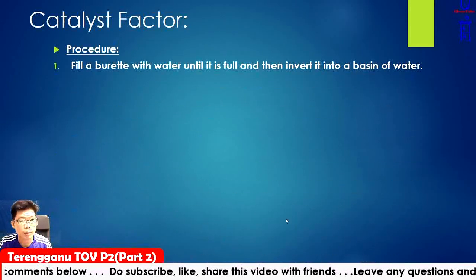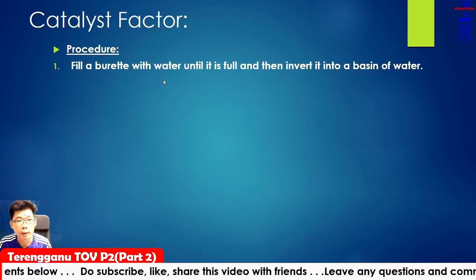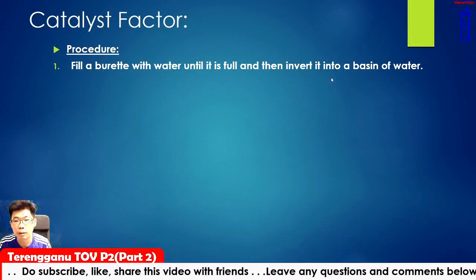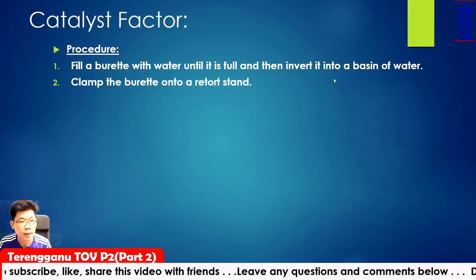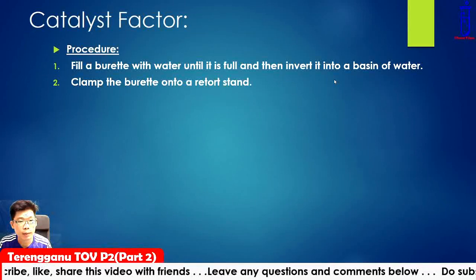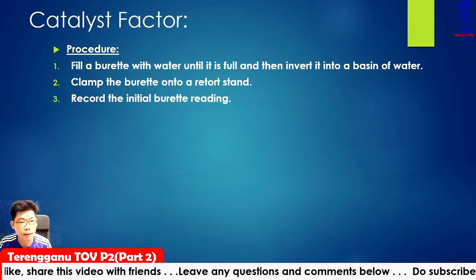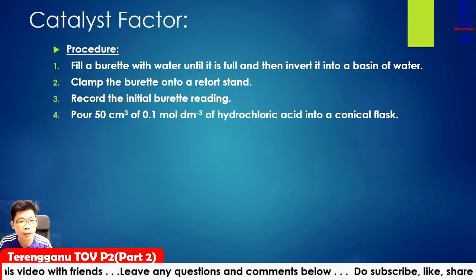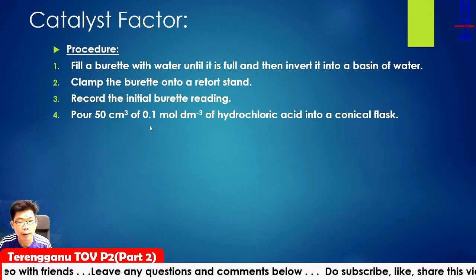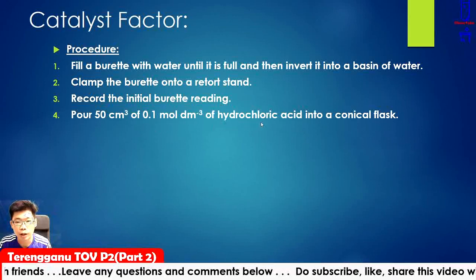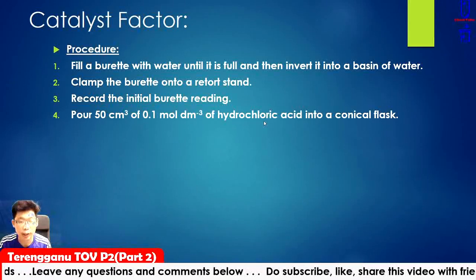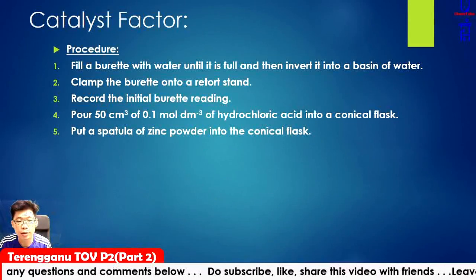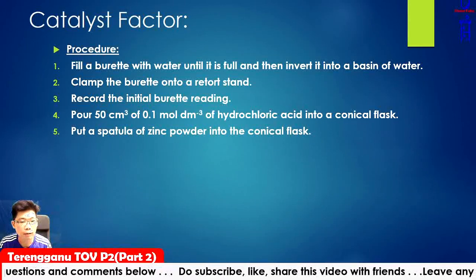First, fill a burette with water until it is full, and then invert it into a basin of water. Then clamp the burette onto a retort stand. Record the initial burette reading. Pour 50 cubic centimeter of 0.1 mole per cubic decimeter of hydrochloric acid into a conical flask. Then put a spatula of zinc powder into the conical flask.